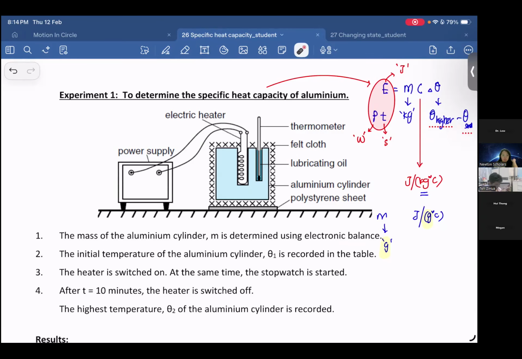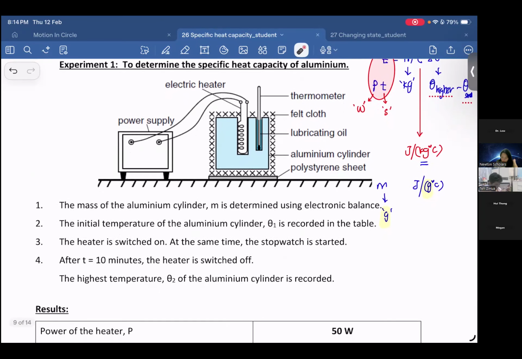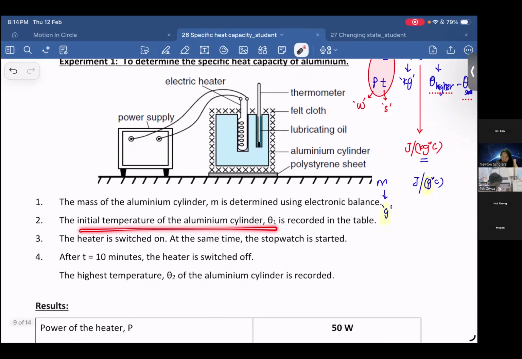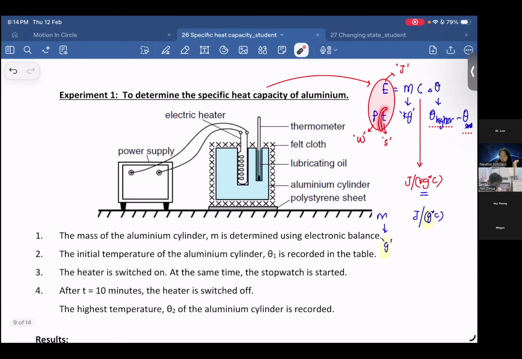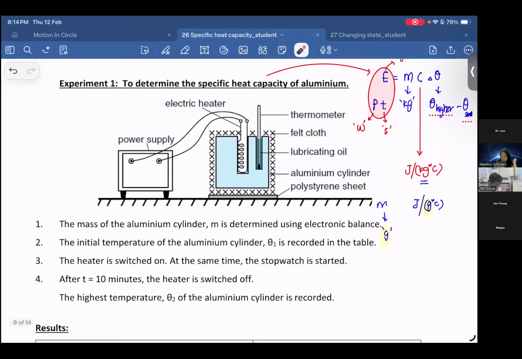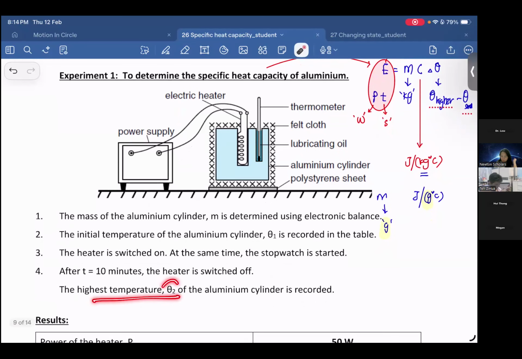So we measure the initial temperature. Then we heat up, the heater is switched on, and at the same time we start the stopwatch. I need to know how long I heat it up. From this, I can know how much energy is supplied by the power supply. After 10 minutes, I measure the final temperature.